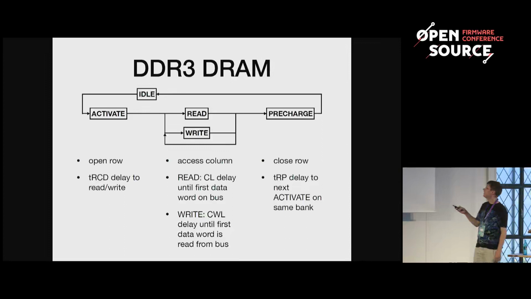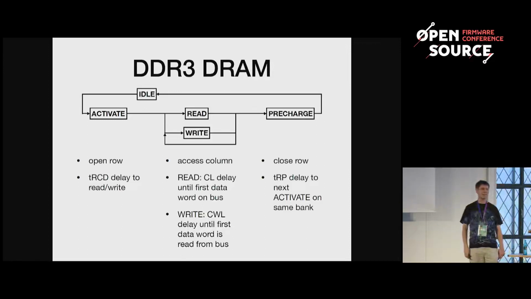Yeah, when you have then activated a row, basically it is loaded into the read amplifiers. Then you can access the columns inside the row. You can send either a read request or write request.